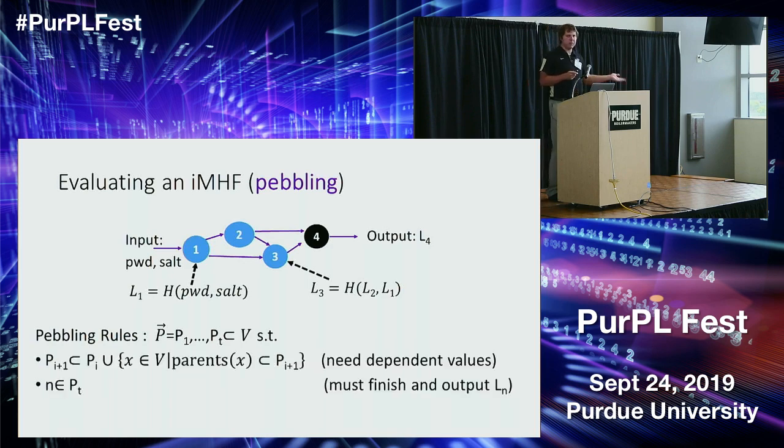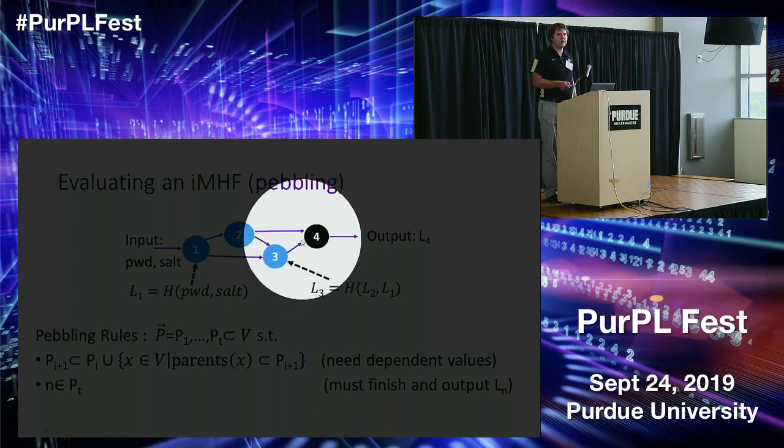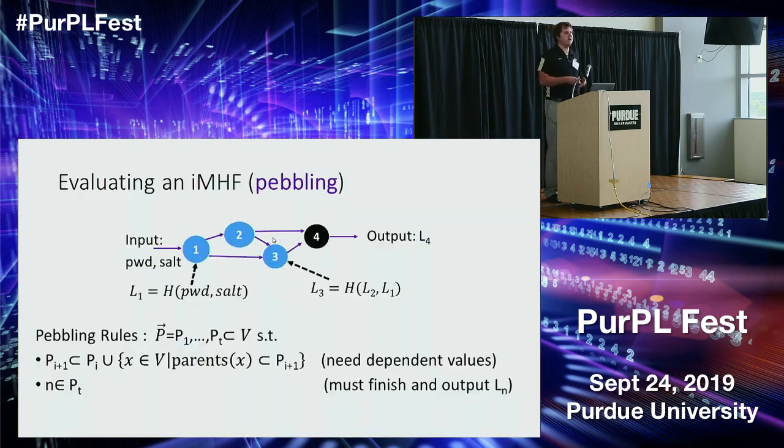Of course, there's pebbling rules. I can't just start off by placing a pebble in the middle of the graph. Before I place that pebble, I have to have all the dependent data values in memory. The output of this function is the label of the last node, so the pebbling rule says that I eventually have to place a pebble on that last node.